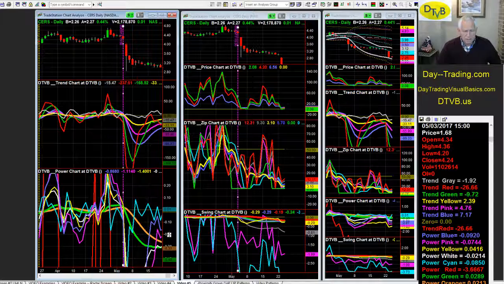The power chart has the pink at minus 0.07, the white at minus 0.02, the Zion at minus 0.08, and the blue at minus 0.09. And yellow is just above 0, and all the rest are under 0.